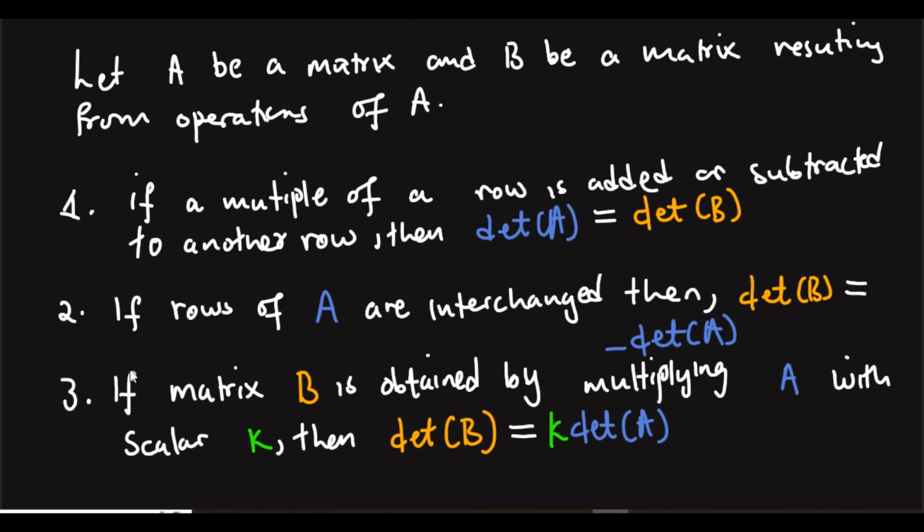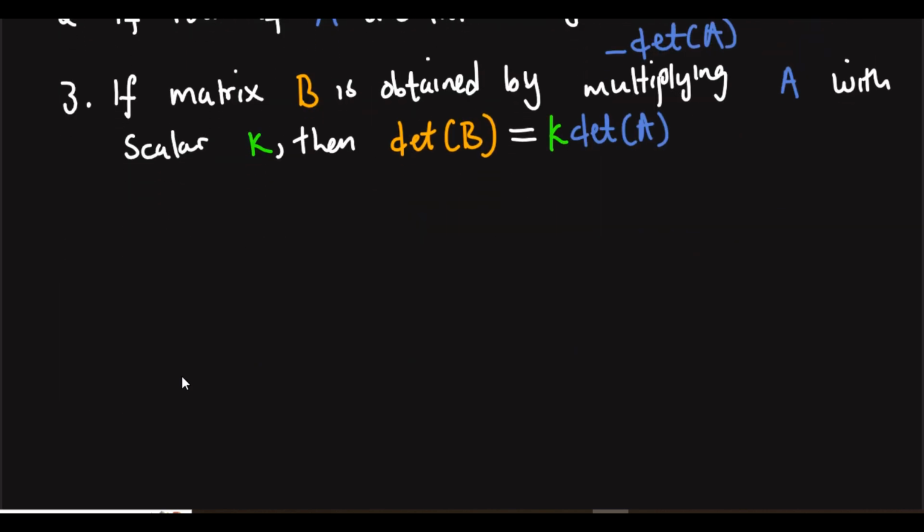Number 2 says if rows of A are interchanged, then the determinant of B is equal to the negative of the determinant of A. So this one affects the value of the determinant. For example, if I have row 1, I interchange it with row 2.